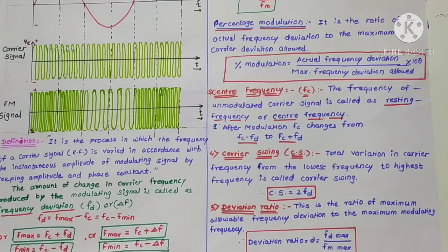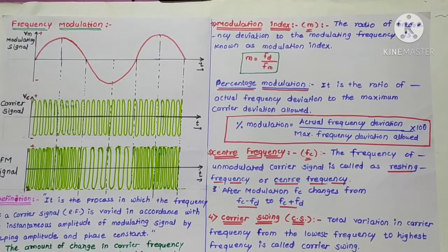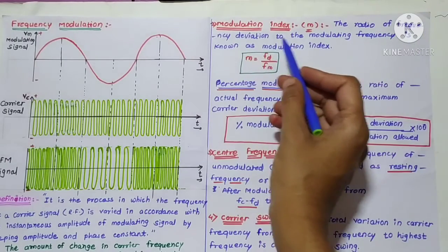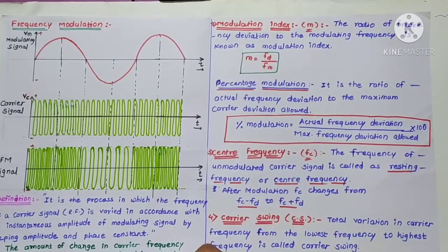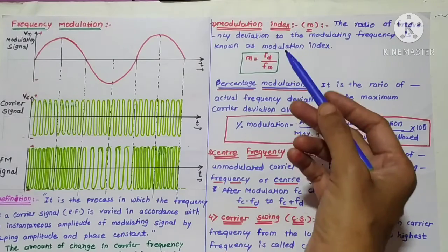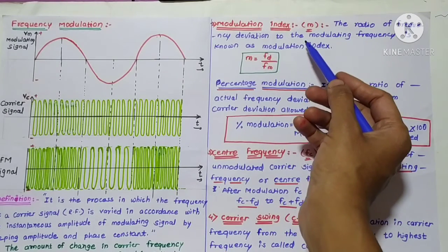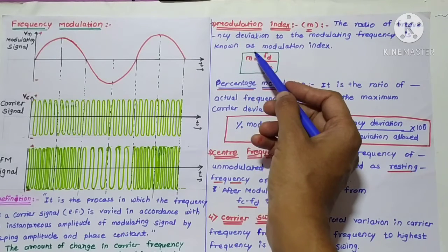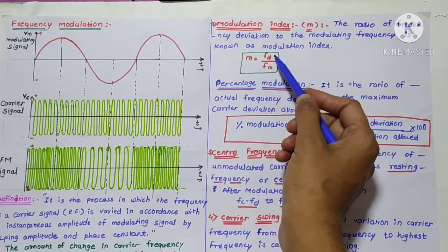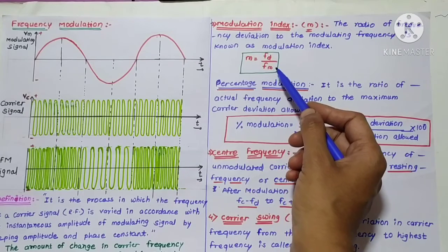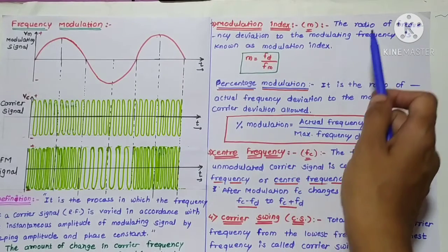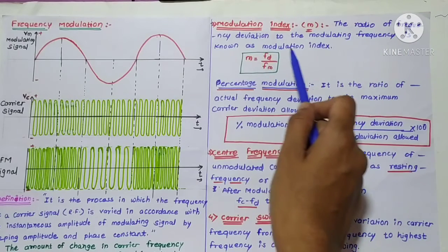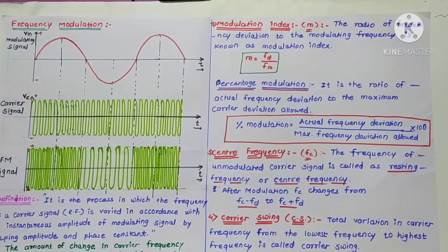Okay students, then modulation index is the ratio of the frequency deviation, meaning delta F here, to the modulating frequency. So the modulation index mf is equal to Fd upon Fm. The ratio of frequency deviation to the modulating frequency is known as modulation index.